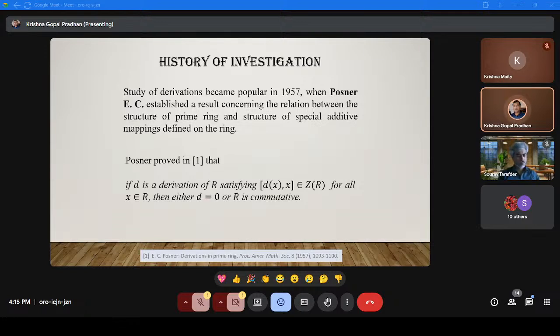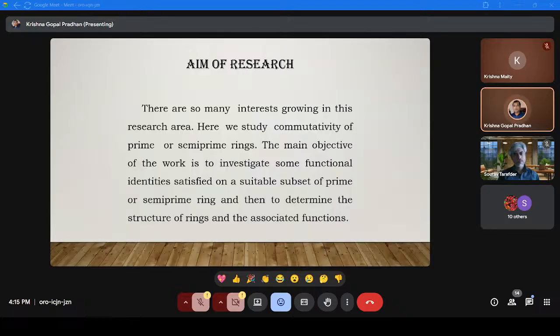After that, many researchers generalized this result. So the aim of this type of research in this area is that there is so much interest growing in this research area. Here we study mainly commutativity of prime or semi-prime rings.